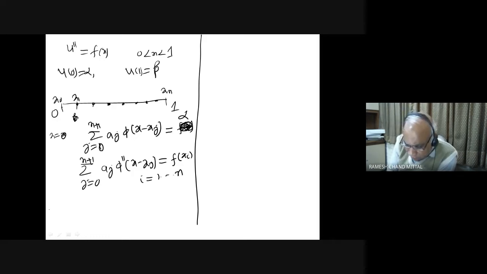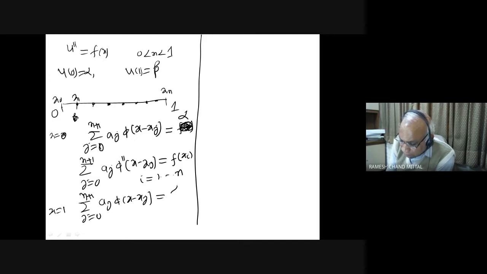And then at x equal to 1, the sum from j equal to 0 to n plus 1 of aj phi of (x minus xj) is equal to beta. Here alpha is given to me.